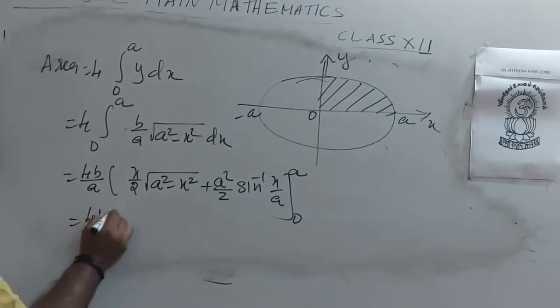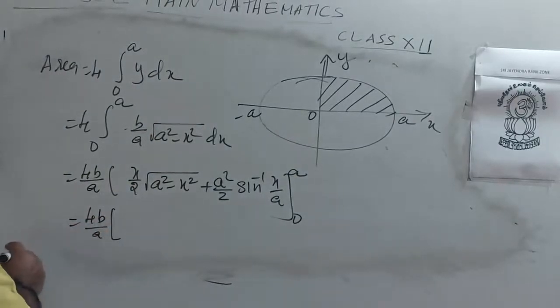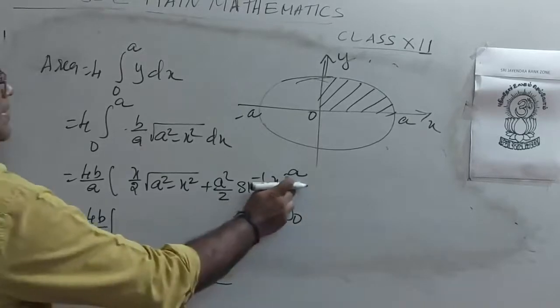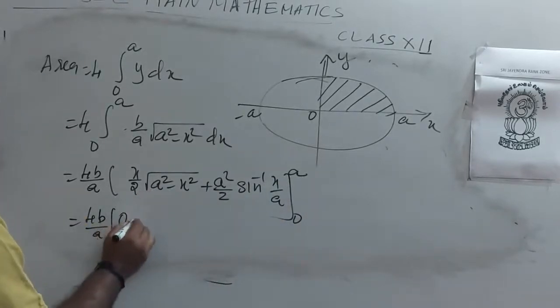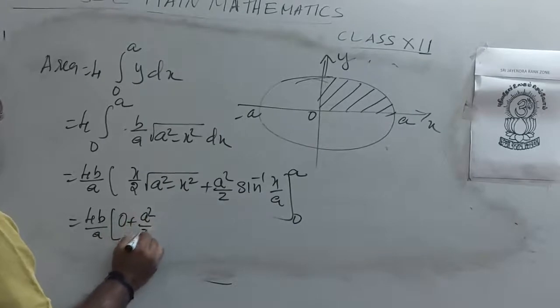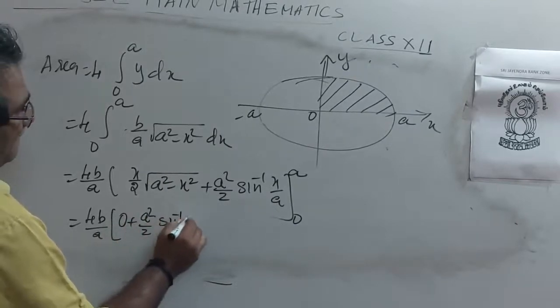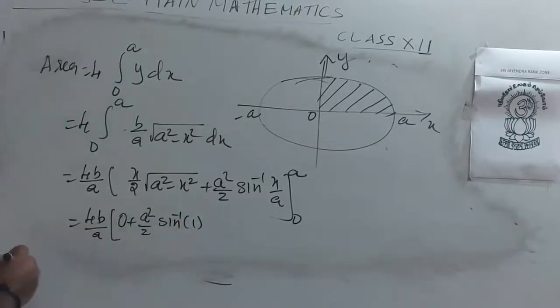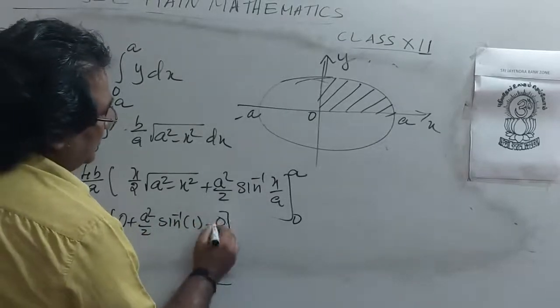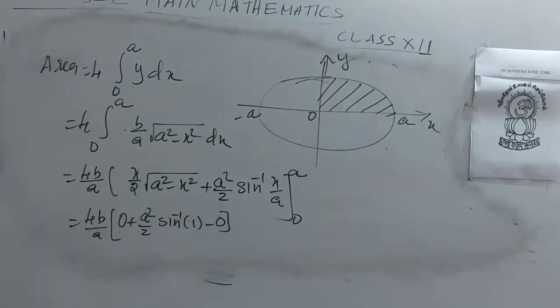4b by a. If you apply the limits, a squared minus a squared gives 0, a squared by 2 sin inverse of 1, and at 0, here also 0.